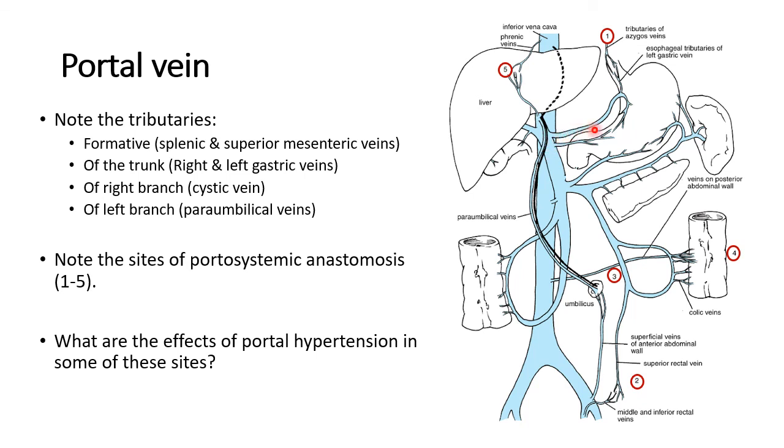Eventually the blood is not able to pass through the portal vein, and it will accumulate in those sites of portosystemic anastomosis, leading to dilatation of those veins. There are certain conditions that can occur in some of these sites that will be covered in the next slide.